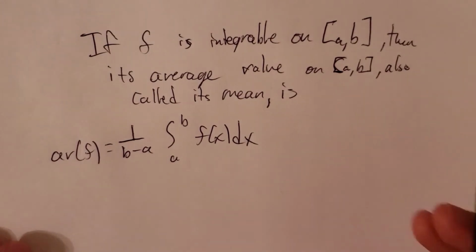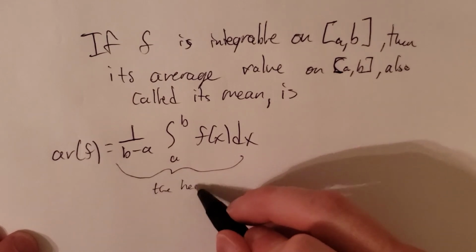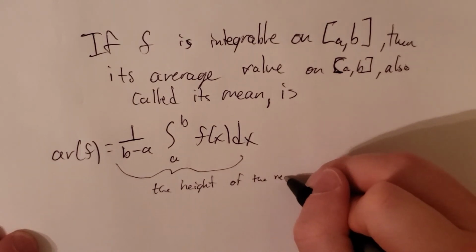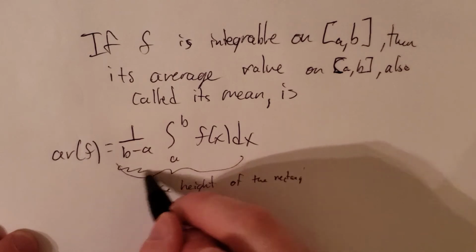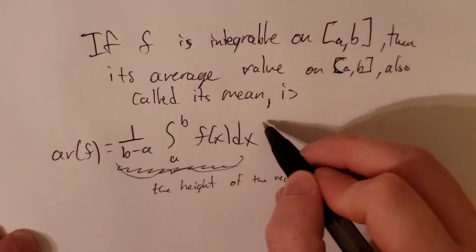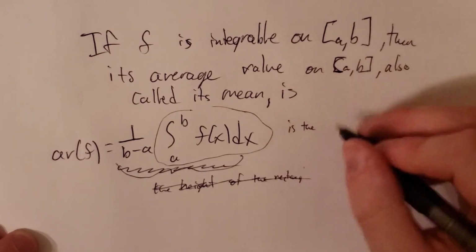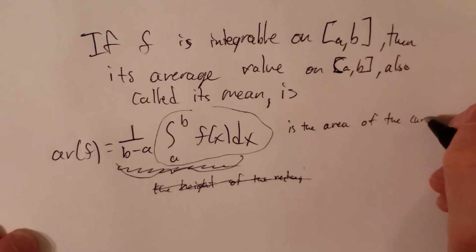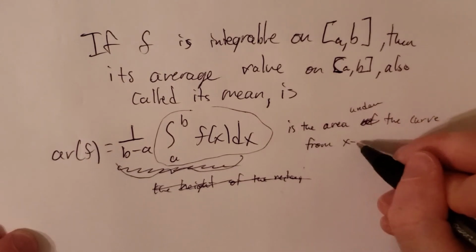Well, the integral right here is the area under the curve from x equals a to x equals b.